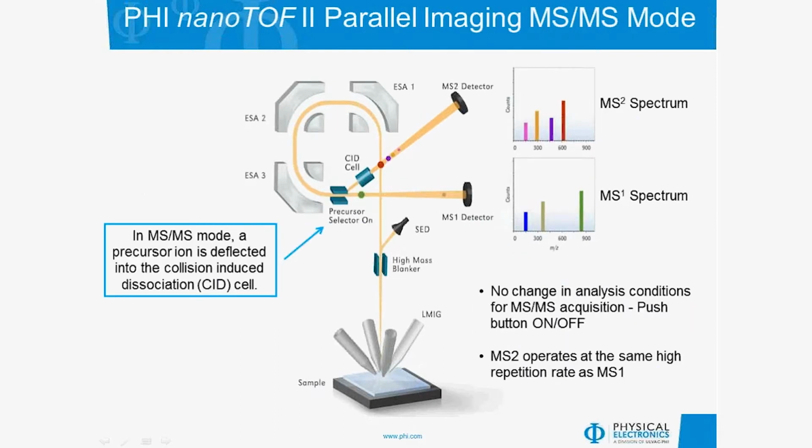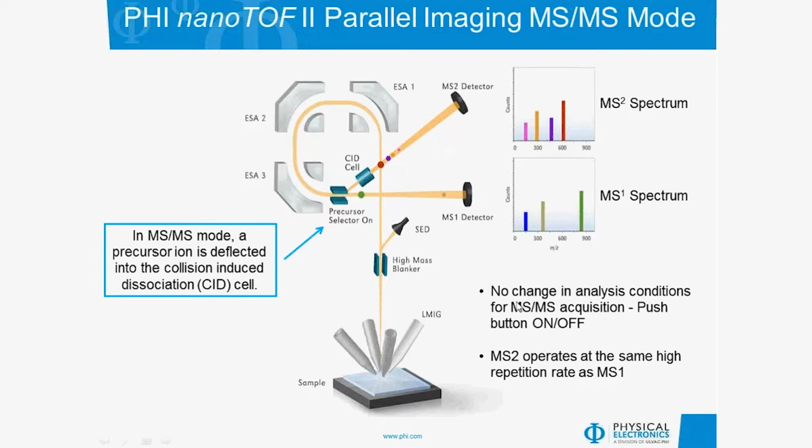What's been added, after the 3 ESA sectors, is a precursor selector where we can pick a single mass out of the MS1 spectrum, deflect it up through a collision cell, and detect the MS2 spectrum. We collect the TOF-SIMS spectrum at MS1 and the tandem MS spectrum at the MS2 detector in parallel.